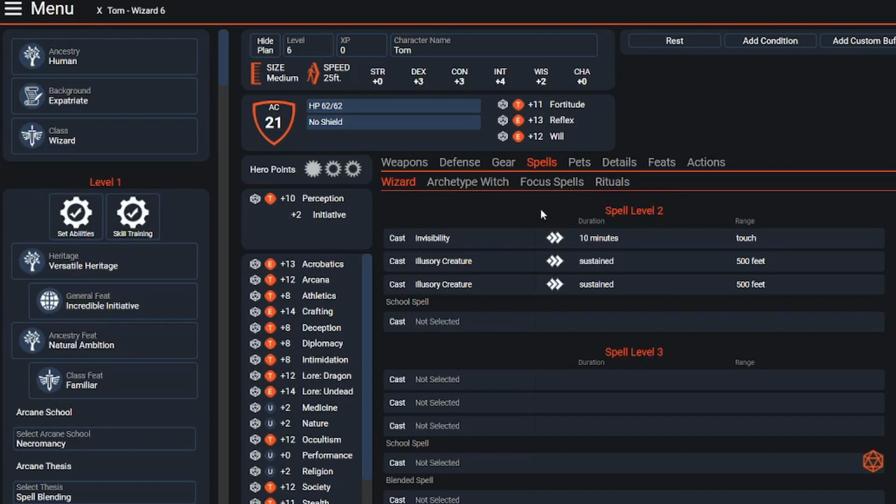We can cheekily alternate between the actual summons and the illusory summons to get the most out of the flexibility of summoning. So with illusory creatures, we can create targets that intelligent enemies cannot afford to ignore unless they figure out it's an illusion. And then once they think we are casting illusions, we can summon the actual summon, one that maybe we do not want to be attacked.